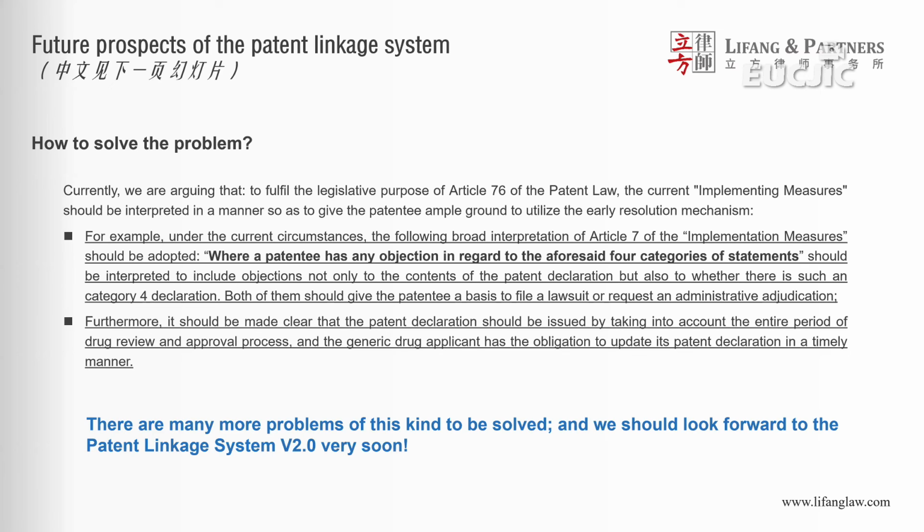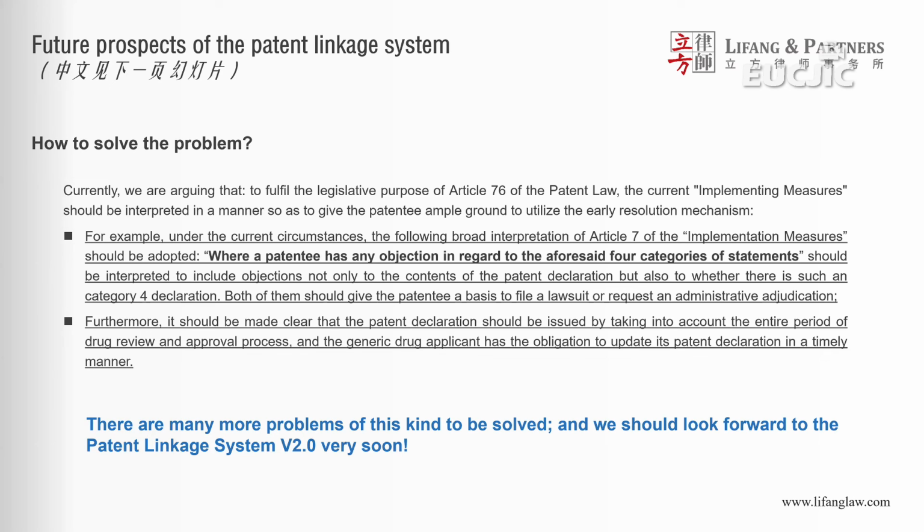So right now, what we are doing is trying to persuade either the patent office or the court to take a broad interpretation of Article 7 of these implementation measures, to say that not only when there is a category 4 statement issued can the patentee file an action.